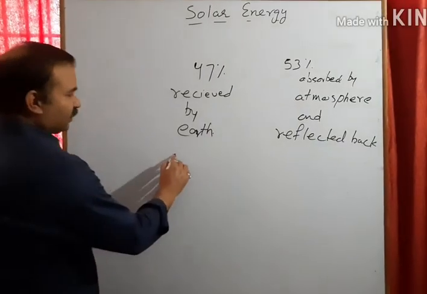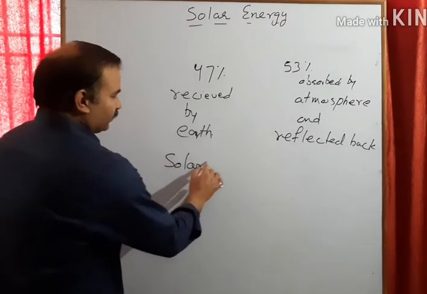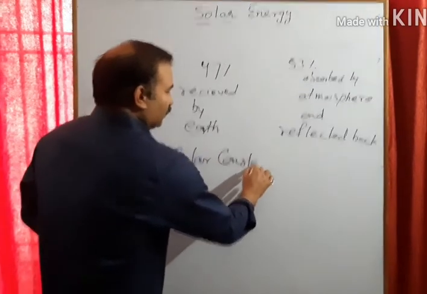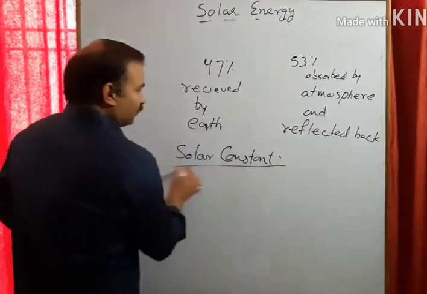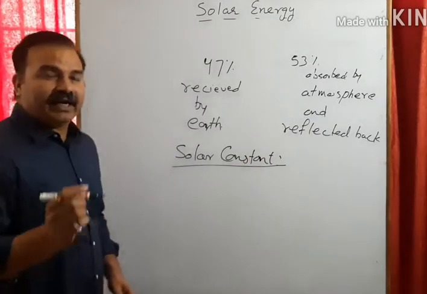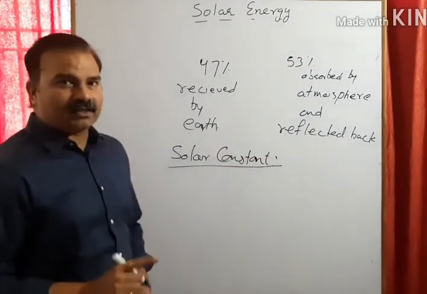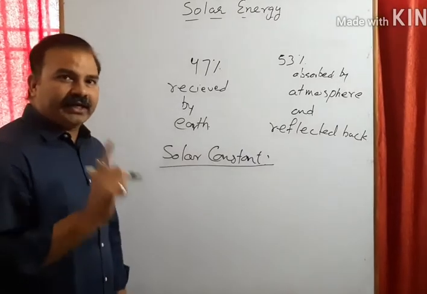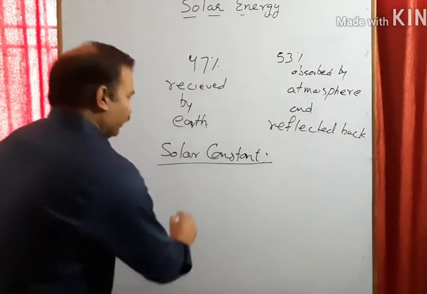Now next is the solar constant. Solar constant is the energy received by the earth in 1 second on an area of 1 meter square.